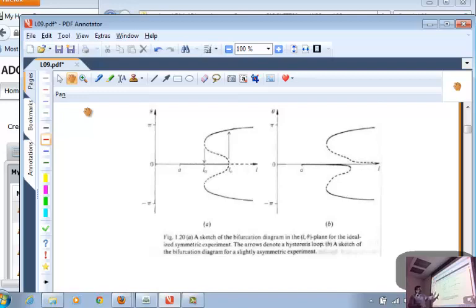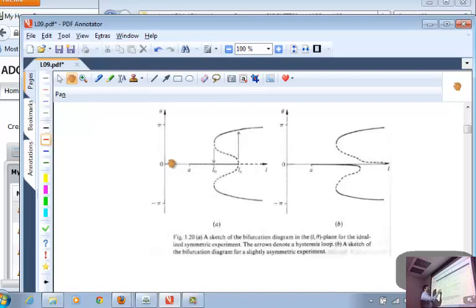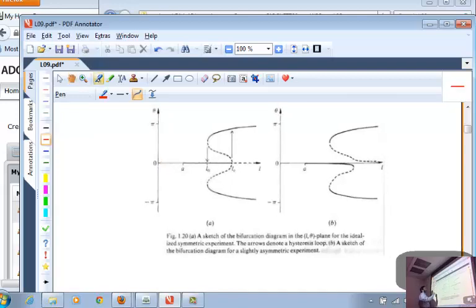Now, this is the same example, but what happens here is, as you increase the length, you get the solution going along this, and all of a sudden it jumps. Okay, and then its solution will continue like that. But if you start from this condition and start decreasing the length, it will not switch back here, but it will come back and flip back here. And that will be called a hysteresis behavior.